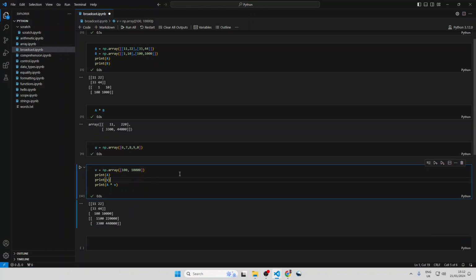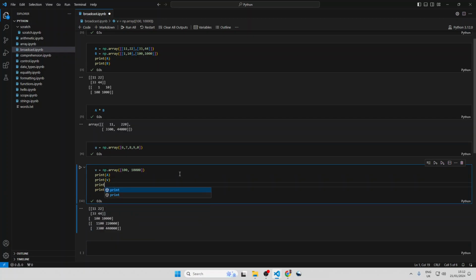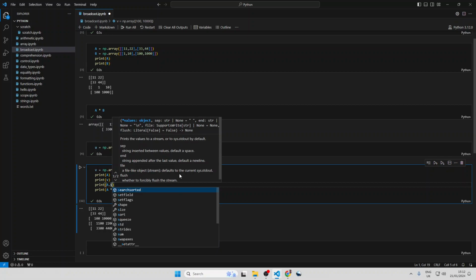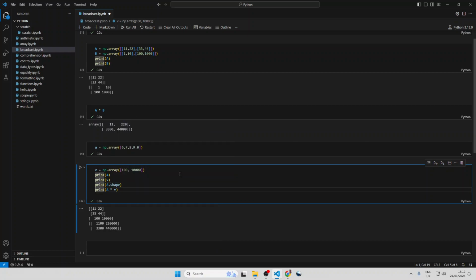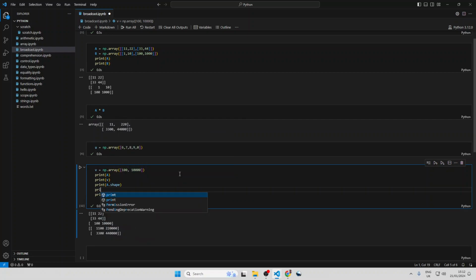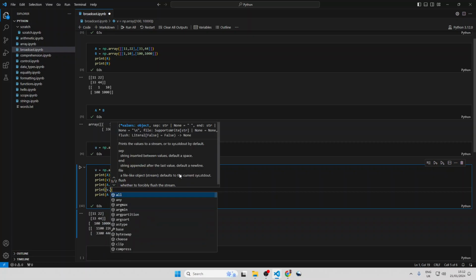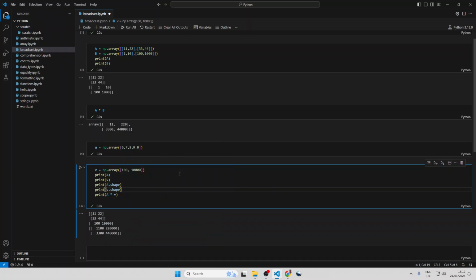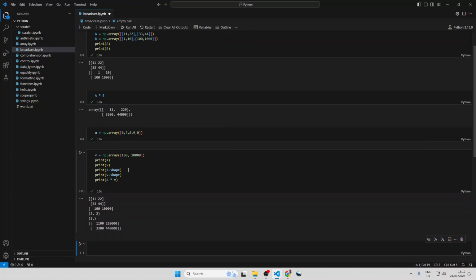And actually, let's print the shapes of these things. So A is shape 2 by 2, and V is shape 2, with no second dimension.